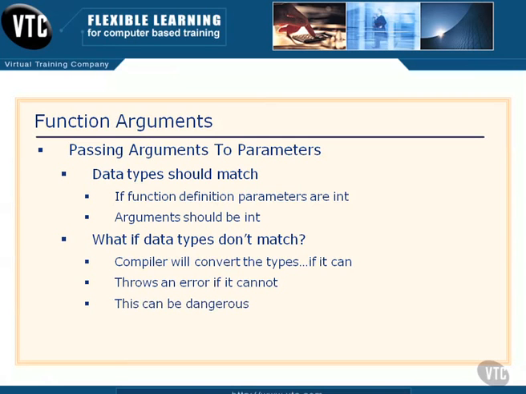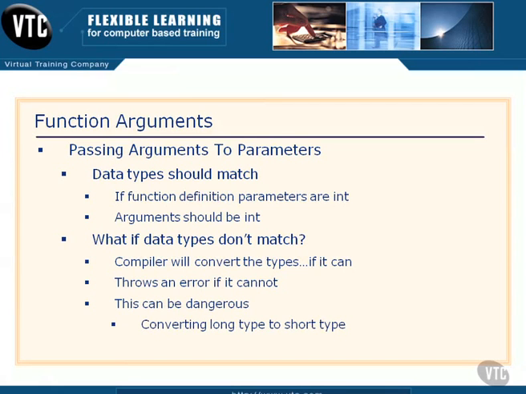And this can be dangerous, because if we have defined the parameters as integer and we pass it along and then it automatically converts it, well, it may drop some digits off the long when it becomes an integer, and now we've got a changed number that we didn't know anything about. That could be pretty hard to track down. So just keep in mind, this could be dangerous living here.